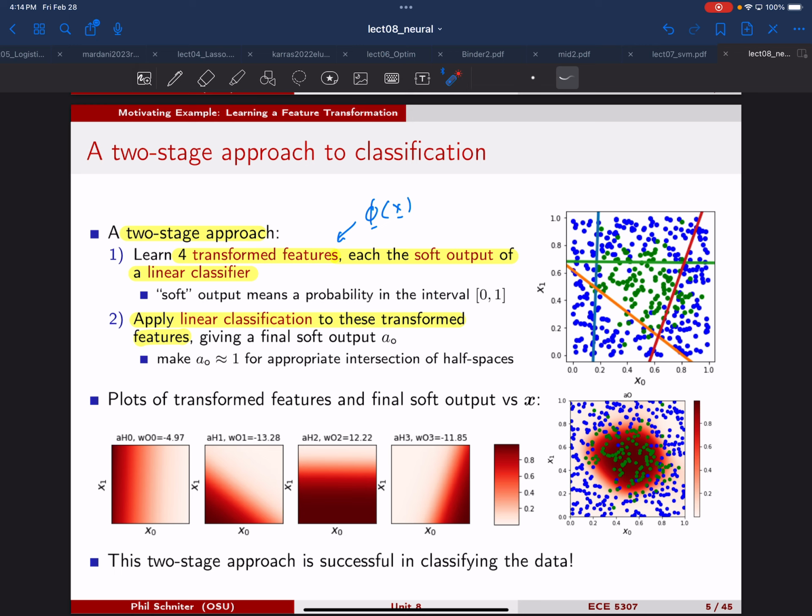If we take, for example, this classifier, it's essentially trying to classify labels as being on this side of the boundary or this side of the boundary. Then we have another classifier that is trying to classify labels on this side versus this side, and so on.